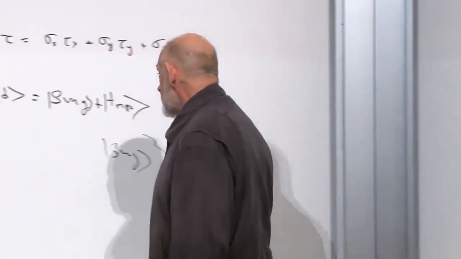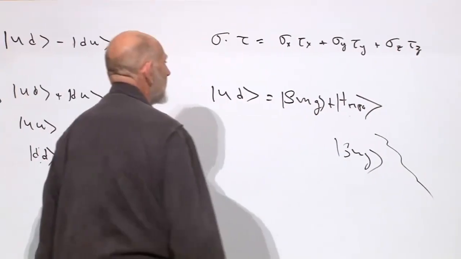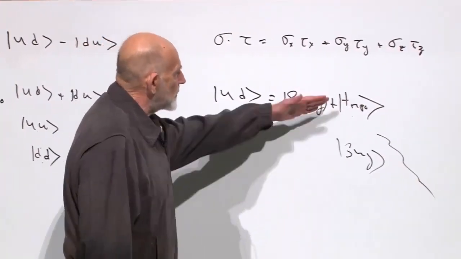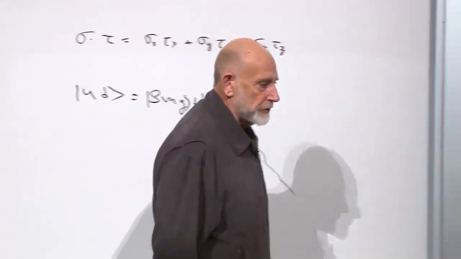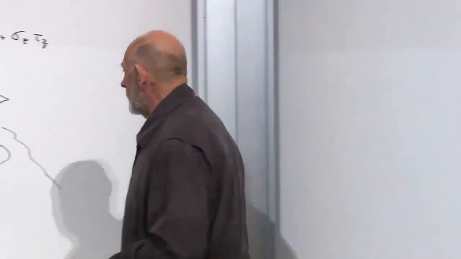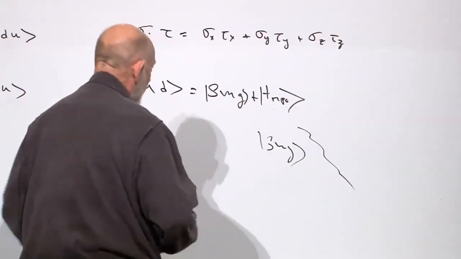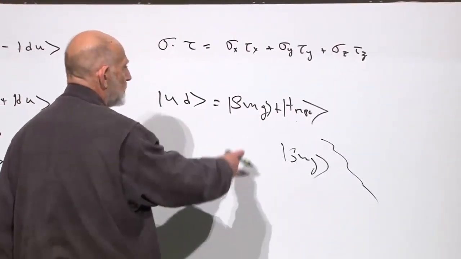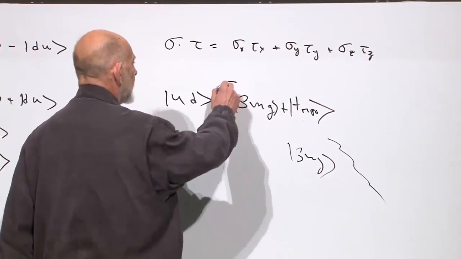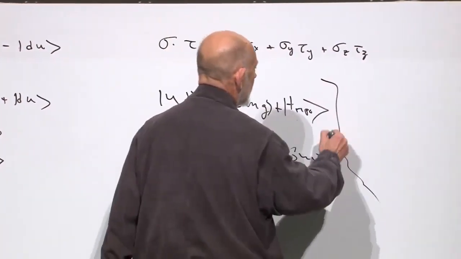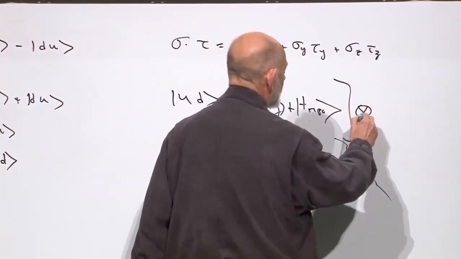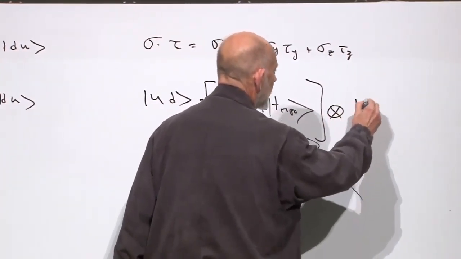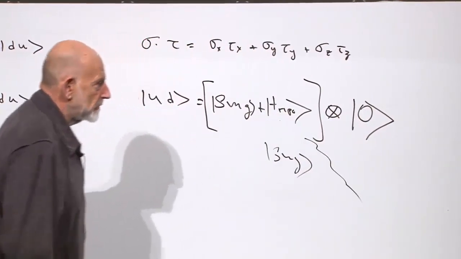Okay? So let's suppose we start with a singlet and the triplet superposed in this way with no photons. To express the fact that there are no photons, we have to put another degree of freedom in here, and we have to say this is a tensor product with a state of the radiation field which has no photons.